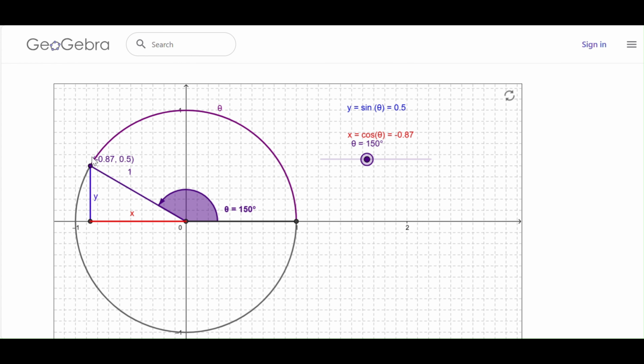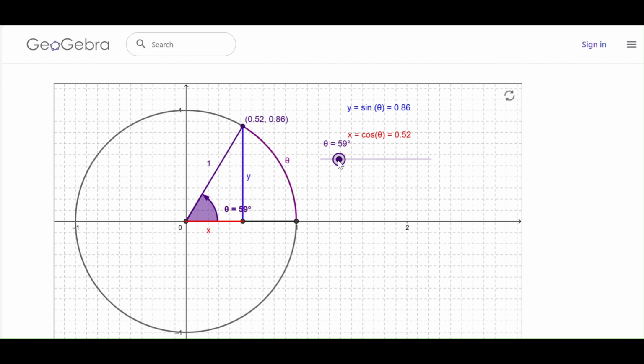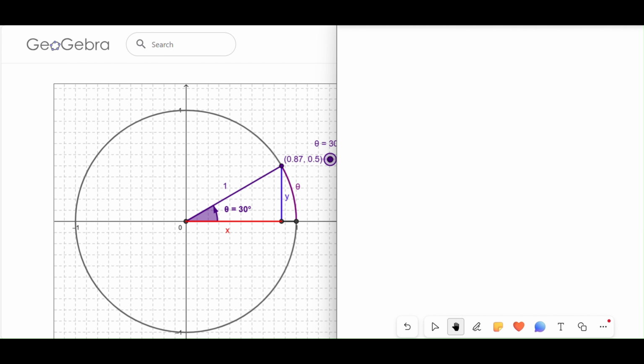So 150 degrees is here, while 30 degrees is the same thing on the other side. So basically, what do we notice? Our sine here and here remains the same, right? While cosine is negative. So, in order to represent that, let me show it on a unit circle.